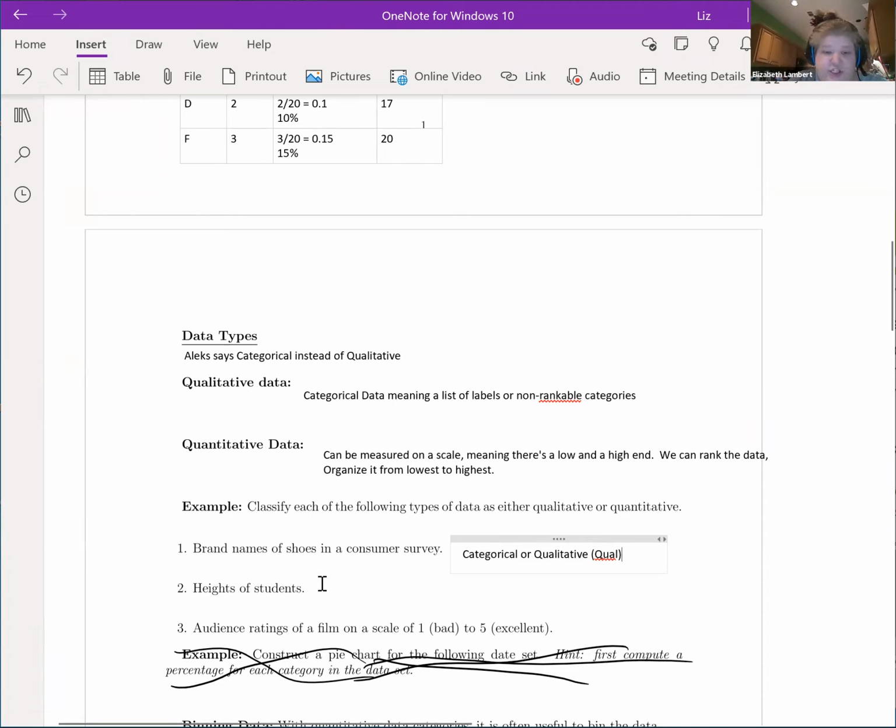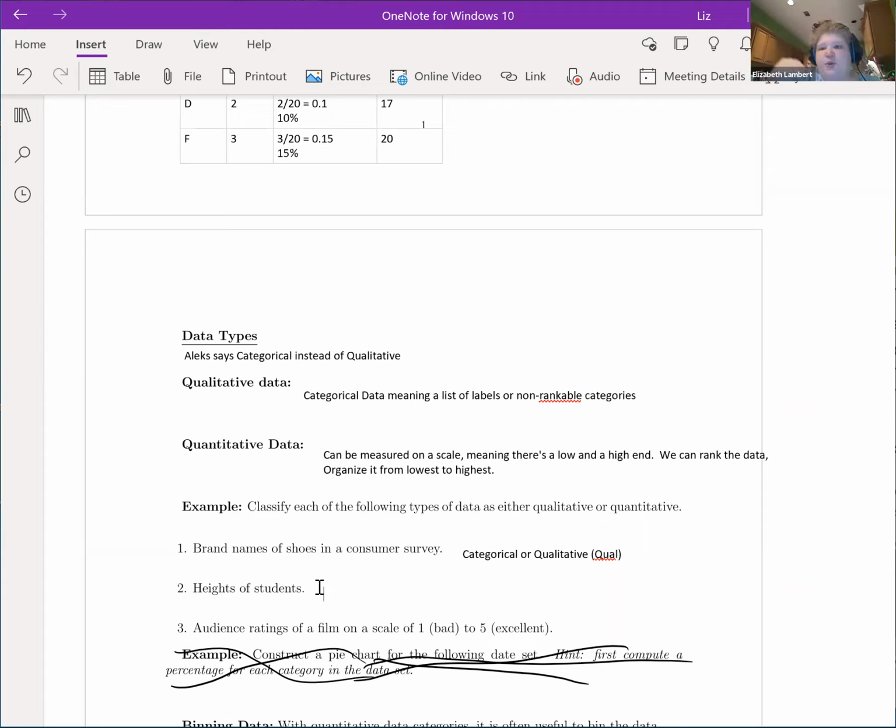Now, our height of students. This is something I can whip out a ruler and measure, and I could say you are 5'2" or 5'2 3/4 of an inch. So I can rank the numbers, and there's in between value to those numbers. There doesn't necessarily have to be, but it's not that when I move from this step to this step, the in-between doesn't have a meaning.